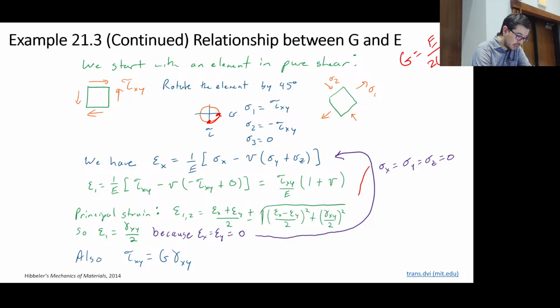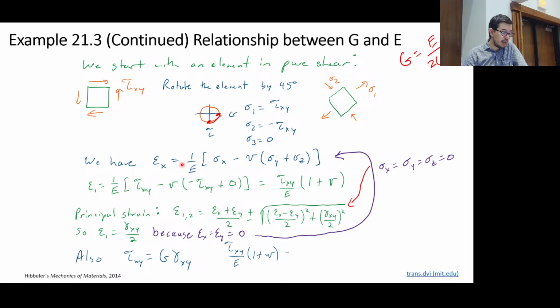We also look at this equation down here, so that we can say that epsilon 1 is equal to gamma xy over 2. And once we've done that, we can bring in another constitutive relationship, that tau xy is equal to G gamma xy. And remember, this is good for the pure shear case in particular.